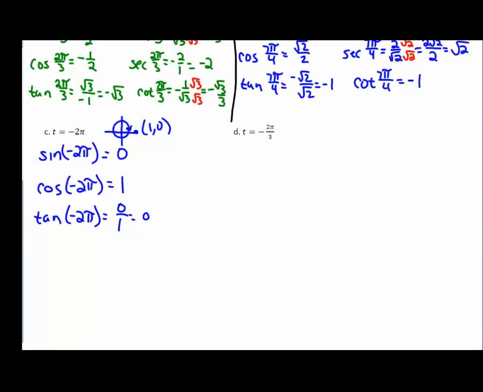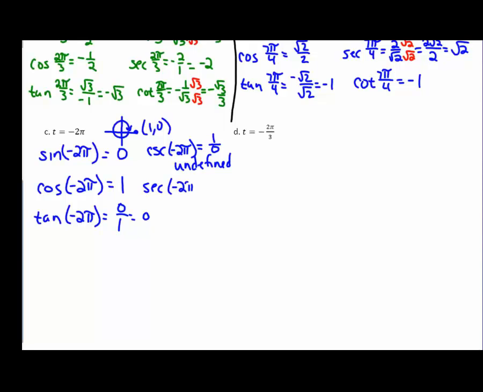Now let's take a look at our reciprocal functions. So we've got cosecant of negative 2 pi, and that's going to be 1 over 0. And you can't divide anything by 0, so that one is actually undefined. And when we take a look at graphing, we're going to see that there's an asymptote there. So now let's take a look at the reciprocal of cosine, which is secant.